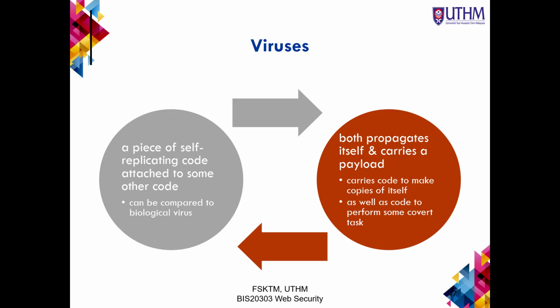It is a piece of replicating code attached to some other code, which then propagates itself or carries a payload. For this jargon and the definition of malicious software, please refer back to the hierarchy or the chart of malicious applications or malicious programs. Even though it looks like a malware, sometimes it can be defined as a virus.